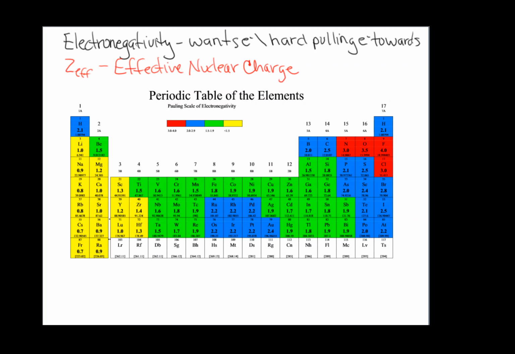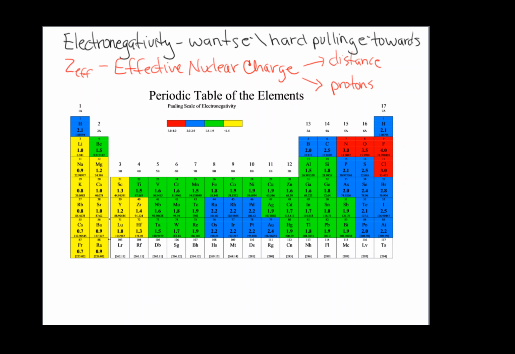Basically, effective nuclear charge means how effectively the protons are actually pulling. And there are two considerations for this. One is distance, and the other one is the number of protons, and if you will, the number of electrons.